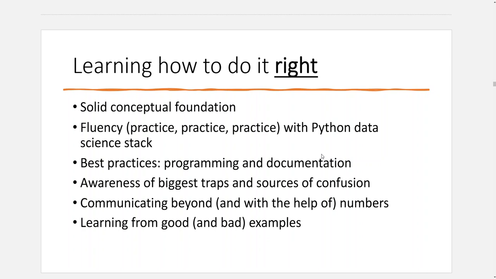We're not just saying, here's the data, here's numbers. We need to visualize things. And we need to learn from what works, what doesn't work, examples that we've seen. Sometimes things will work in one domain and they won't work in another. They may work in medicine and not work in marketing.